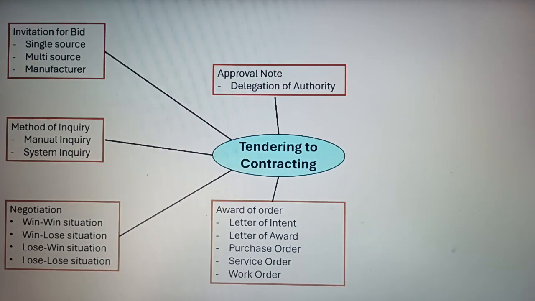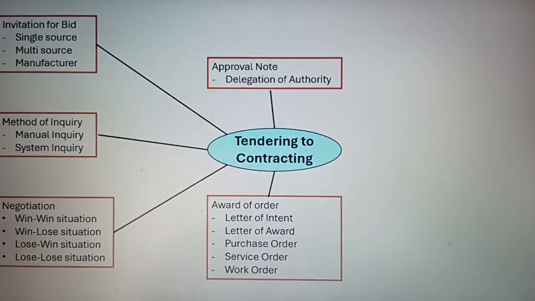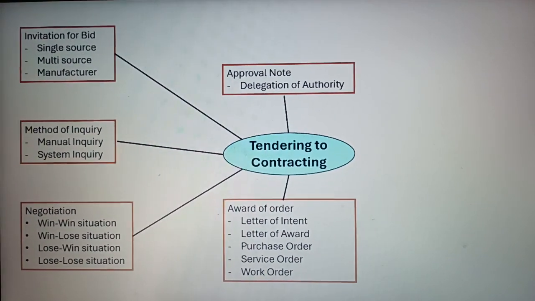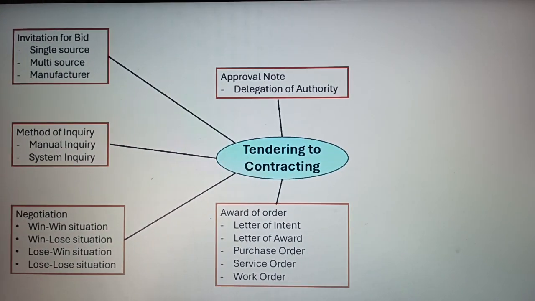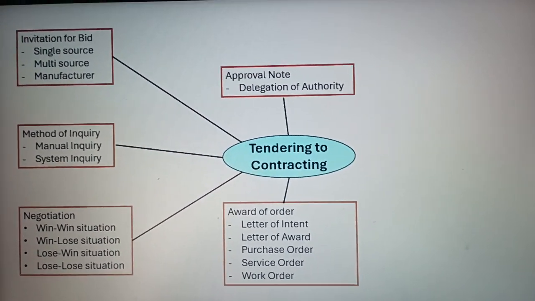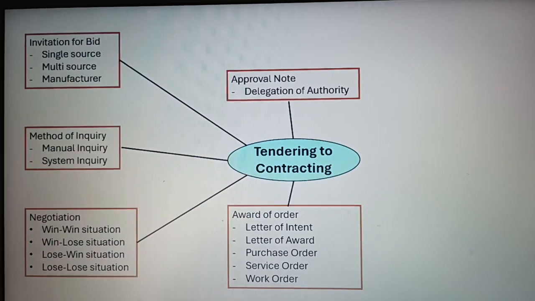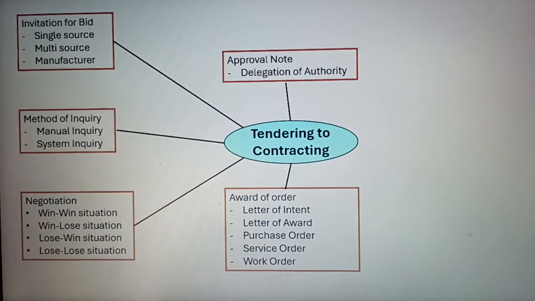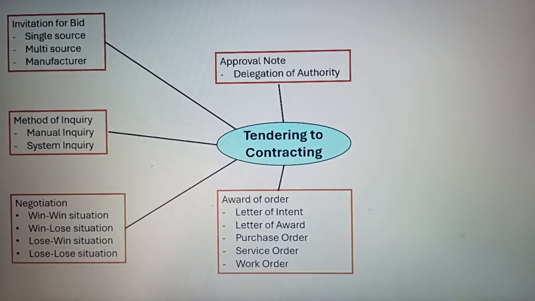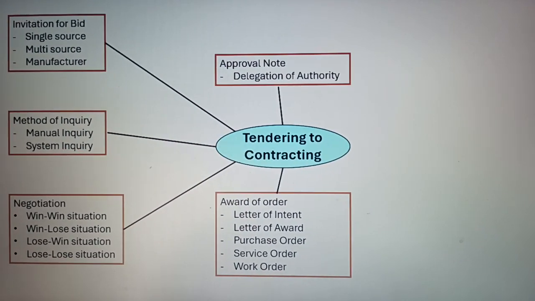In a service order, the service order number is mentioned, currency, service order date, SOR, but in that service order one main specification is attached, which is called the scope of work. So the vendor or awardee can understand that we have to execute this service order on the basis of this scope of work.